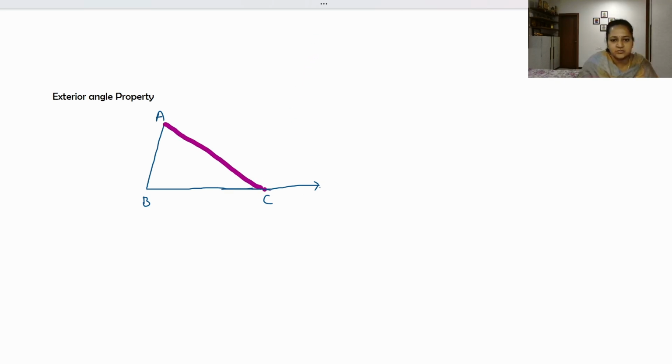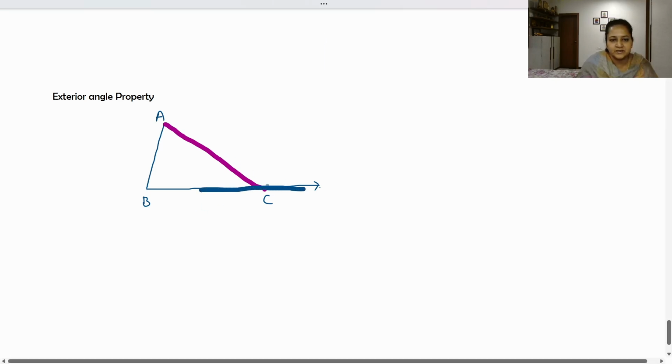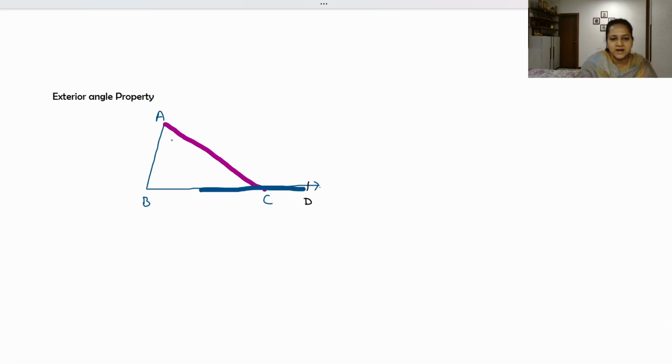Angle ACB and angle ACD have this as the common arm and C as the common vertex. If this is the case, then we call angle ACD the exterior angle.